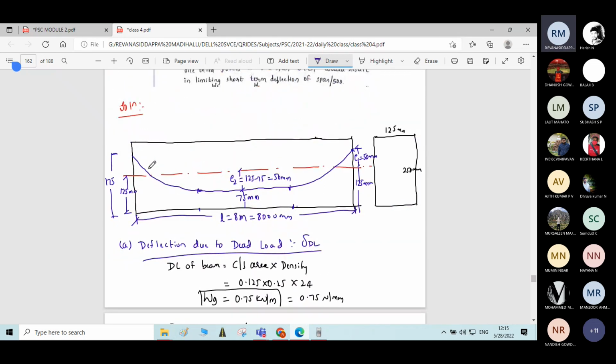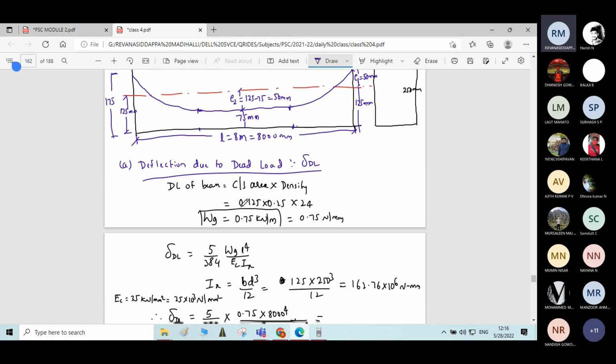Now here we have a different profile of the cable. Some part of the cable is above the central axis and some part is below the central axis.